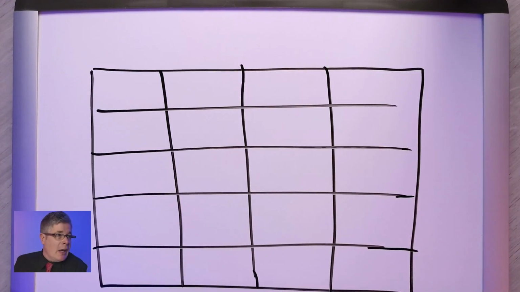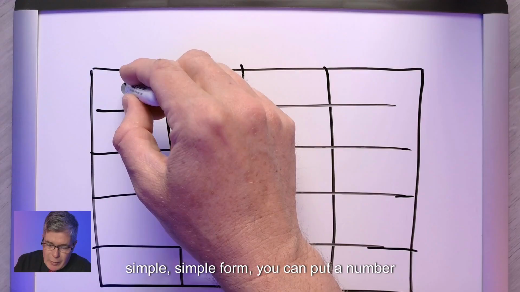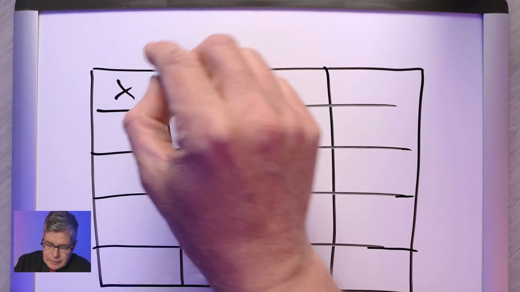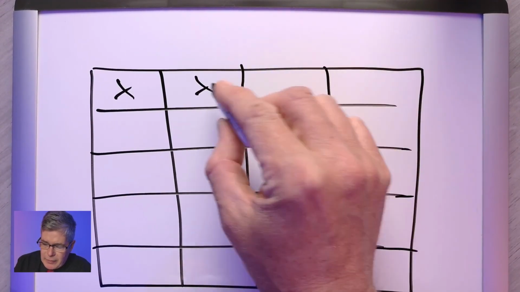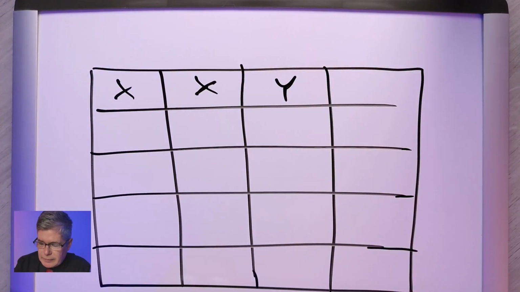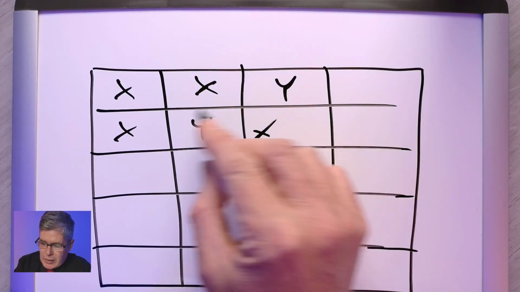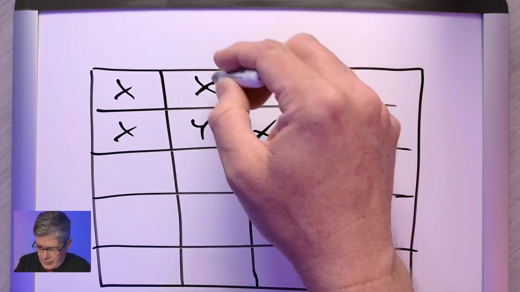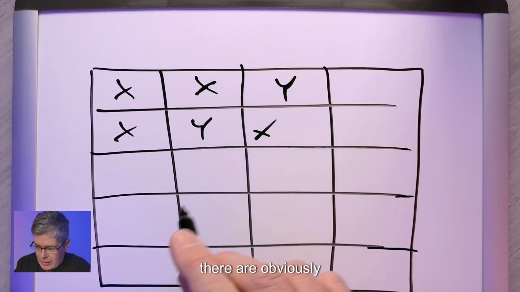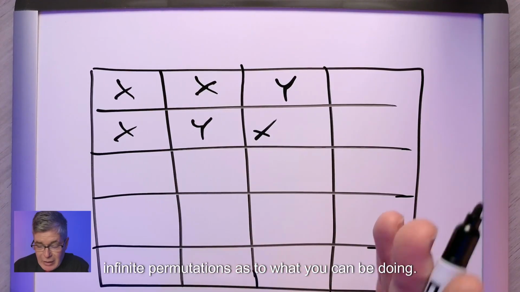So at its most simple form, you can put a number in here, you can put a number in there, and you can create an outcome there, or a number there, and an outcome there. Or even across diagonally, there are obviously infinite permutations as to what you can be doing.